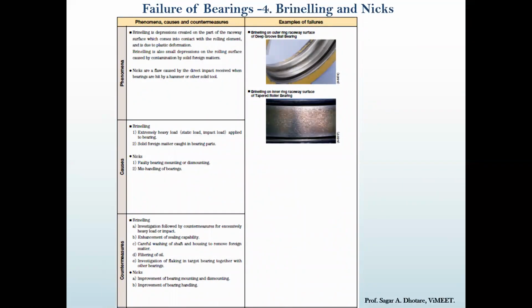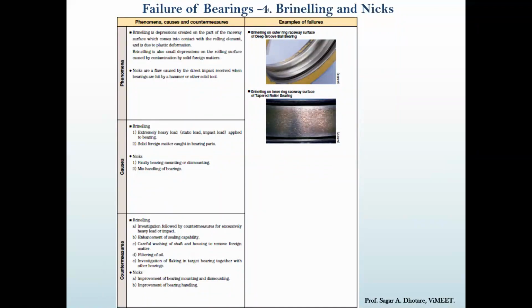Then the failure of bearing, that is brinelling and nicks. Brinelling is a depression created on the part of the raceway surface which comes in contact with the rolling element, and it is due to plastic deformation.